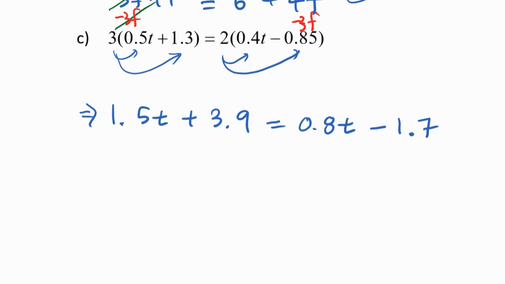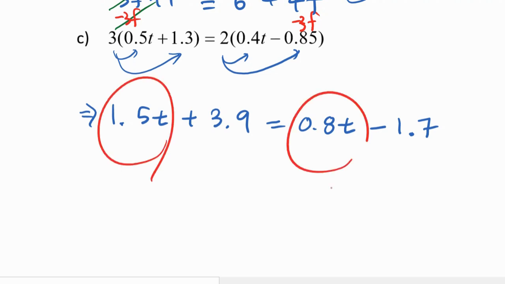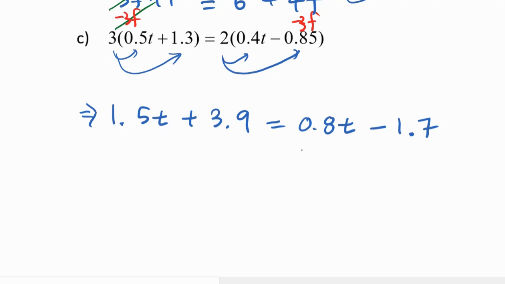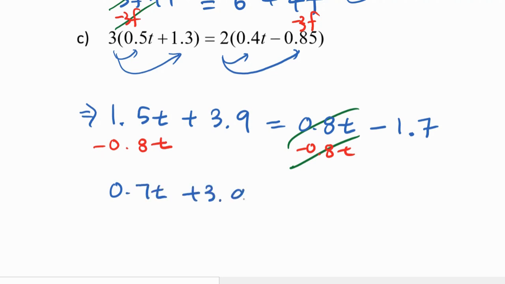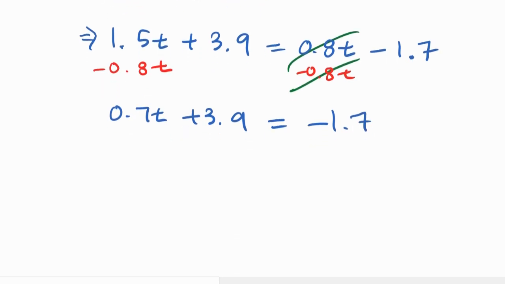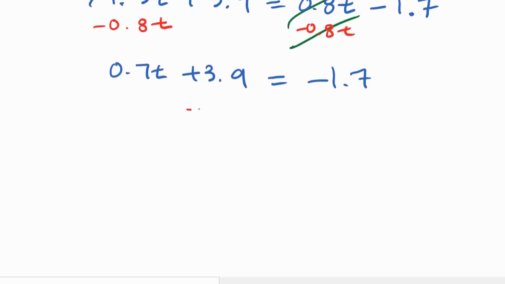Now you're going to remove one of the variables because we have variables on both sides. So let's remove 0.8t. And this will be gone. I have 0.7t plus 3.9 equals negative 1.7. Now we're going to subtract 3.9 from both sides.